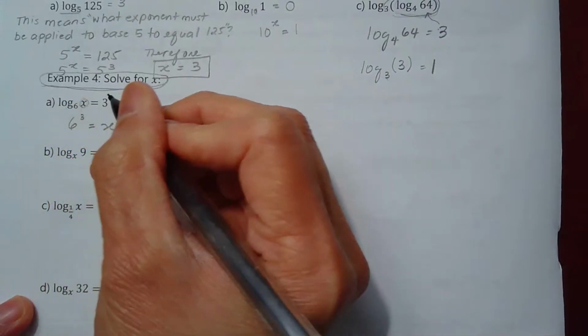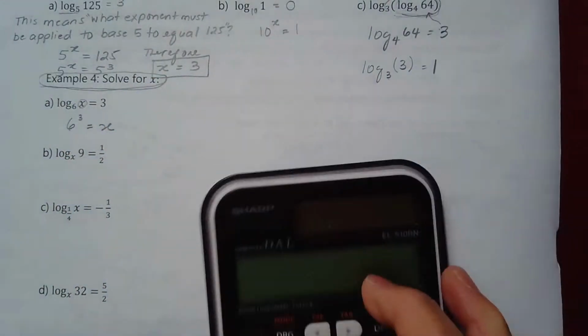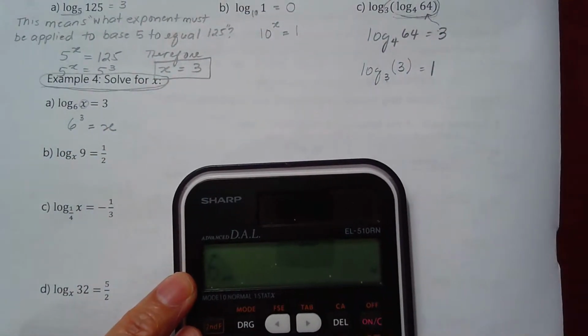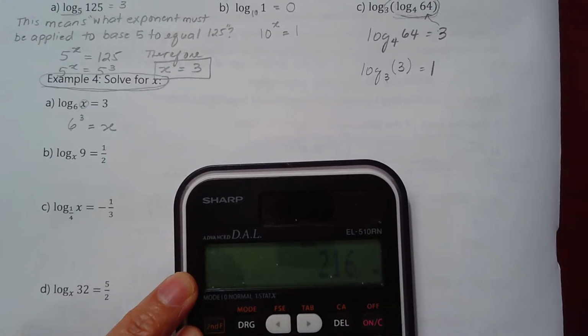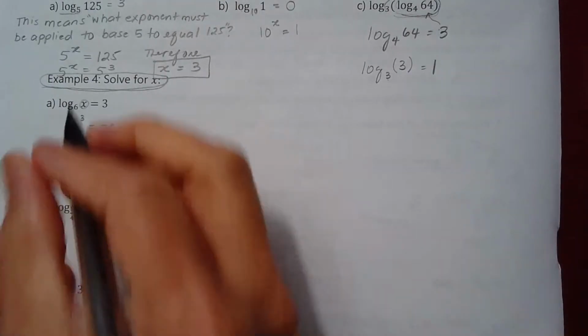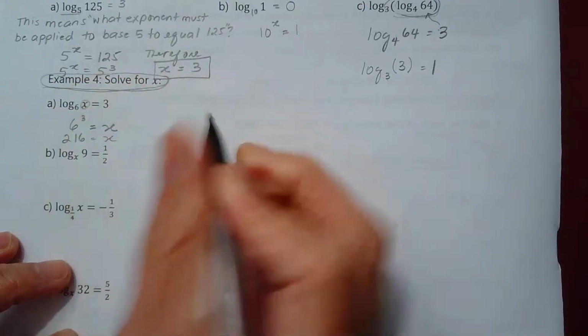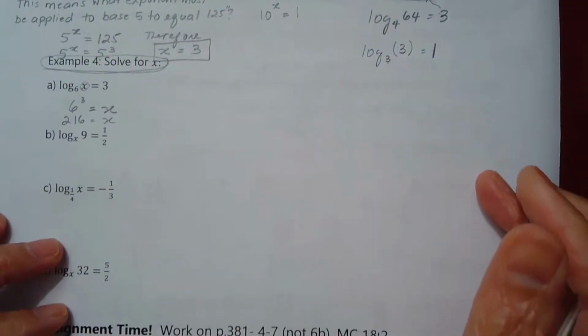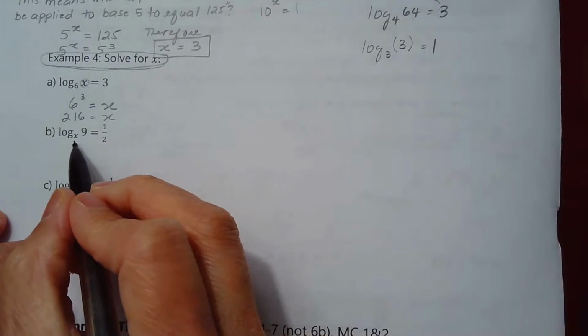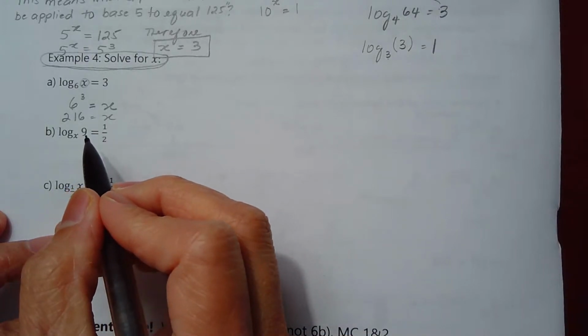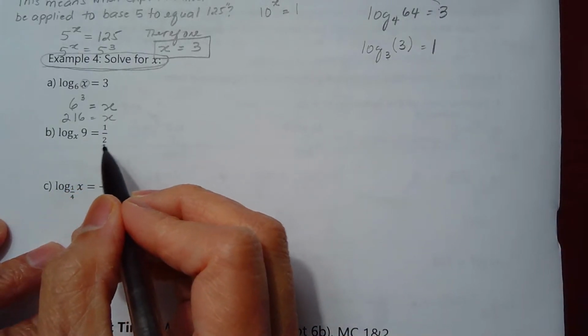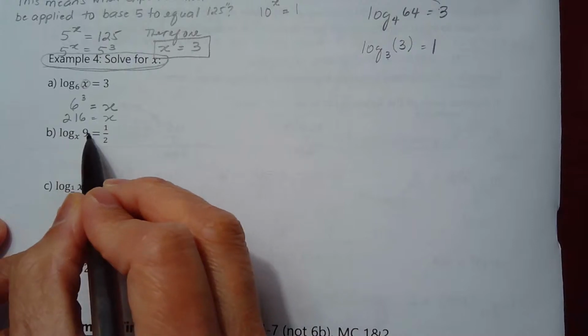So 6 cubed means 6 times 6 times 6. It's 216. So x is equals to 216. Okay. Now let's take a look at this one. Log of 9 base x.